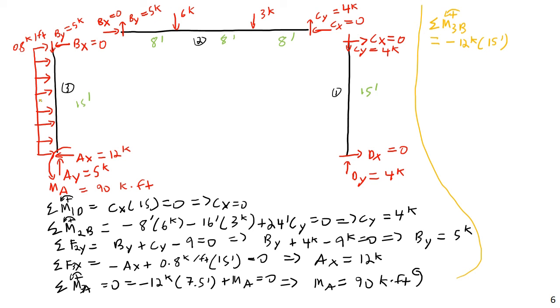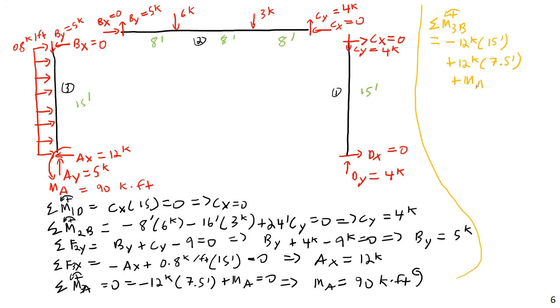Then my distributed load is going to be generating a positive moment, so plus 12 kips again, the equivalent point load of that distributed load, 12 kips times a moment arm length of 7.5 feet, and then plus MA.